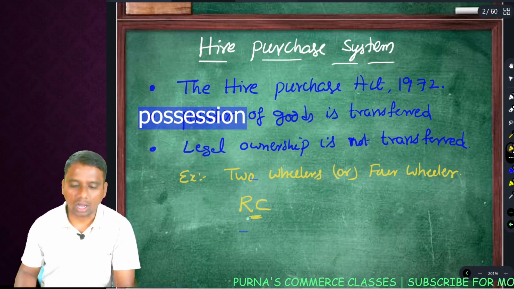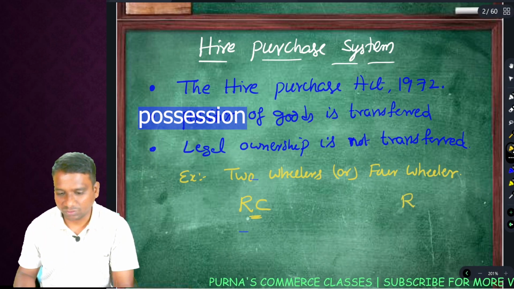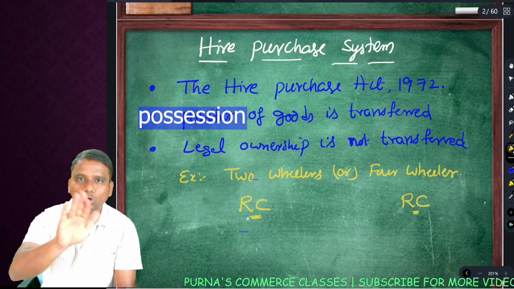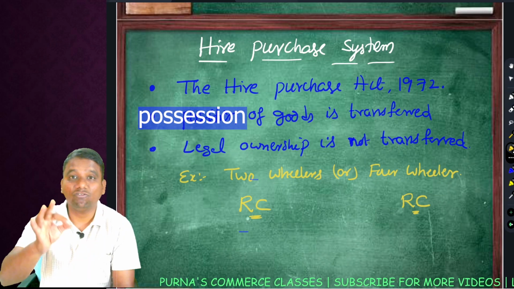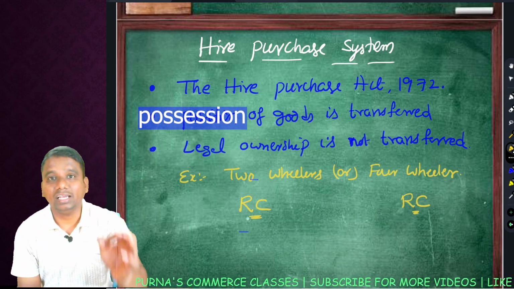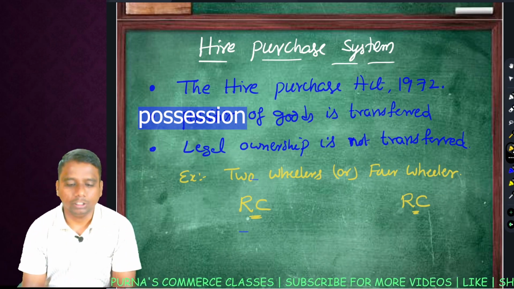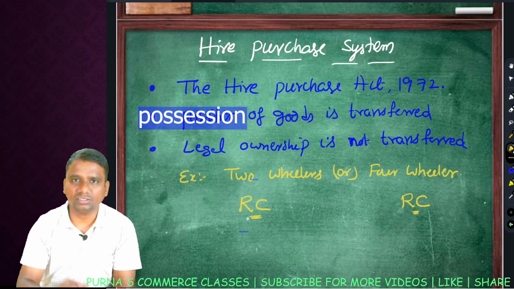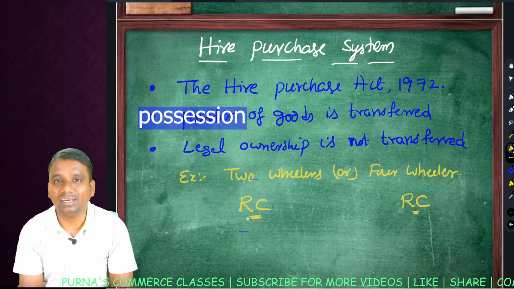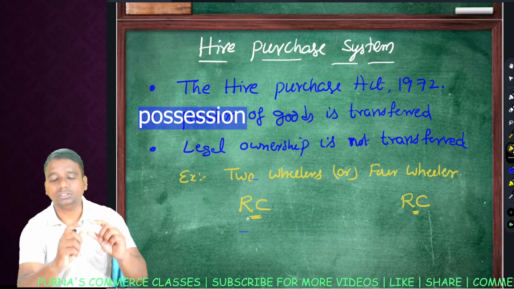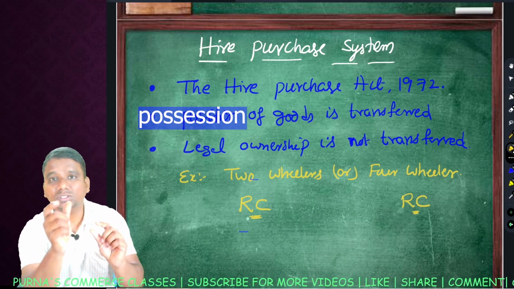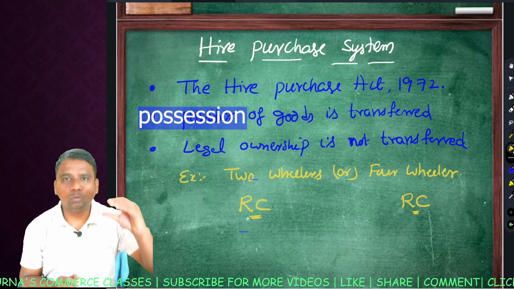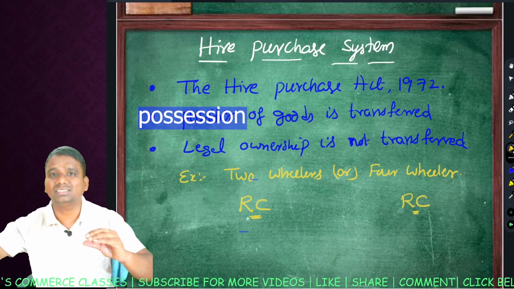After purchasing this two-wheeler, RTA will issue RC, registration certificate. On the back of this RC, you can find the words hypothecated to. If you have a two-wheeler or four-wheeler RC, on the back of that, you can observe the words hypothecated to so and so finance company.